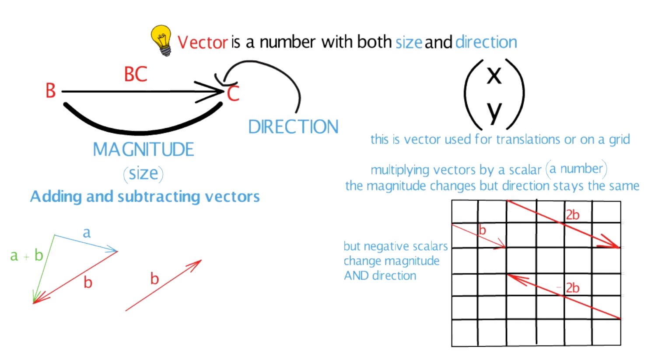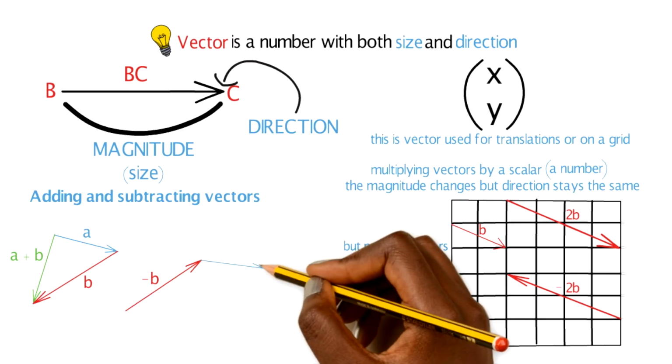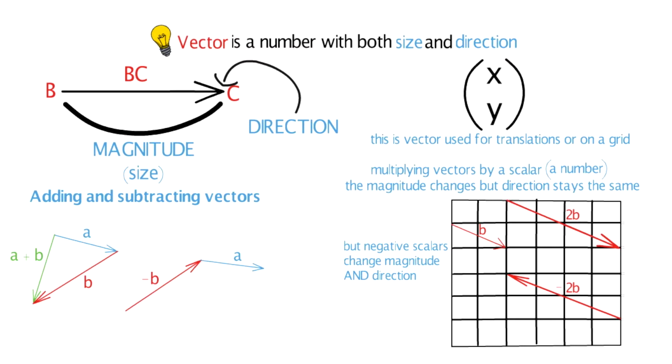But then, let's say we have this vector minus b to be exact, and then we have our vector that's still a, if we had to work out the overall direction, it's going to be a minus b. So basically, that's an example of adding and subtracting vectors.